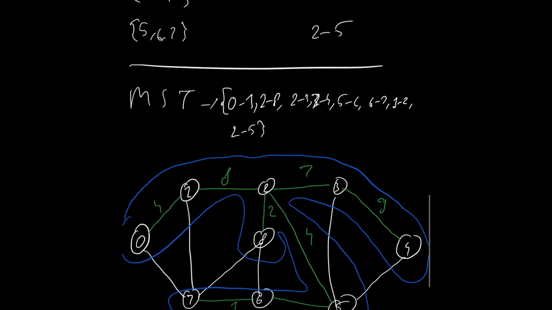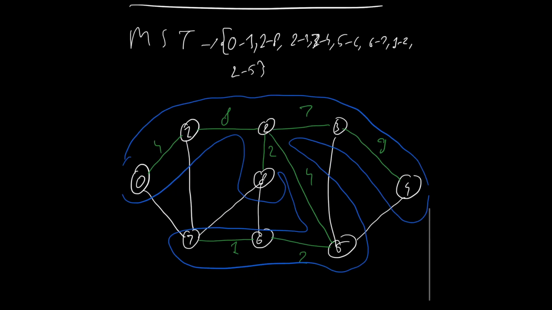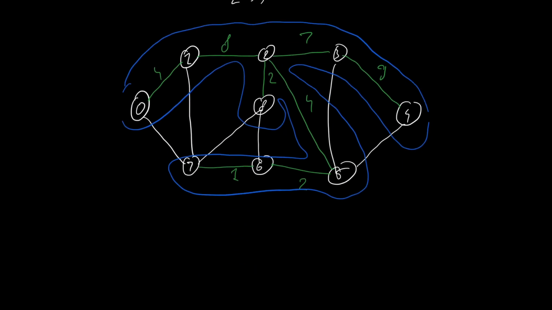As we said, the MST is 0, 1, 2, 8, 2, 3, 3, 4, 5, 6, 6, 7, 1, 2, 2, 5. And the component at this stage is 0, 1, 2, 3, 4, 5, 6, 7, 8. So basically all the edges are there. So at this position we stop our process and return the MST.